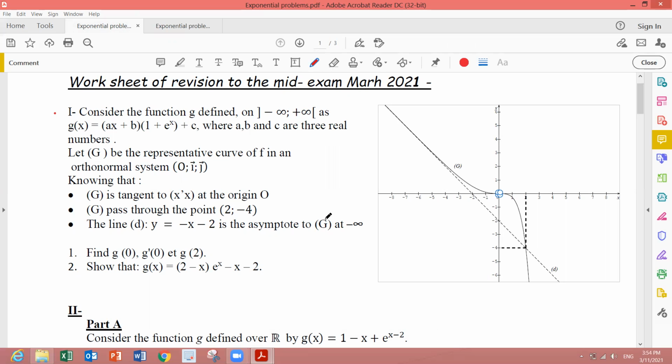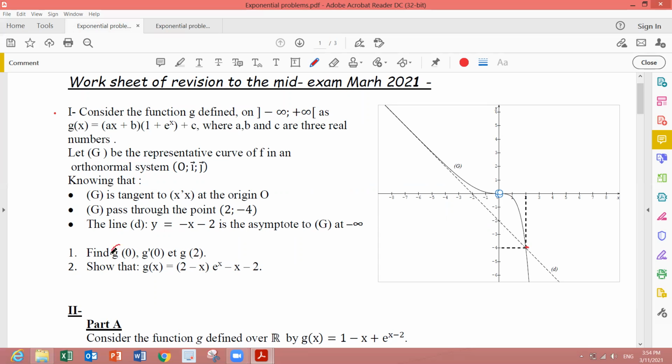G passes through the point (2, -4). And the line y equal minus x minus 2 is an asymptote to G at minus infinity.